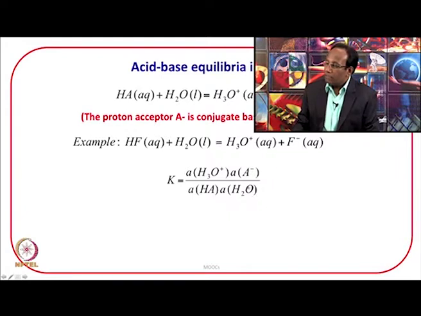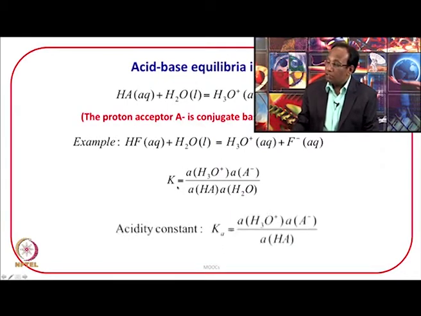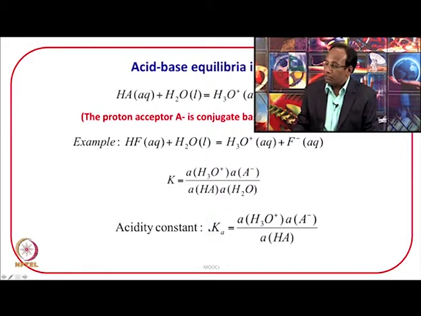So, by taking the activity of water as 1 and consuming it along with the equilibrium constant K, I can write another constant which is called the acidity constant.